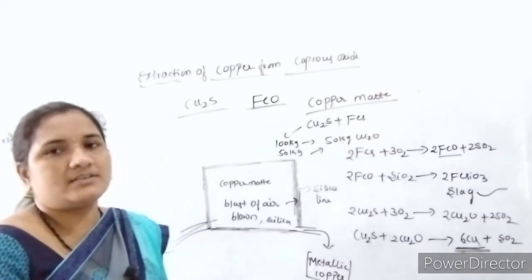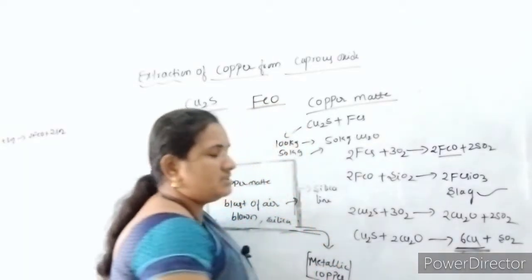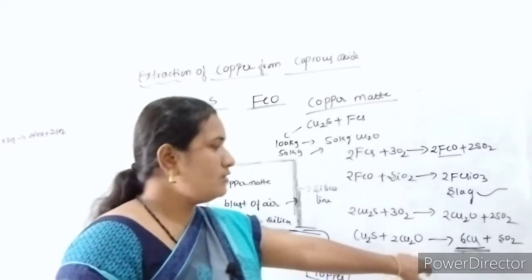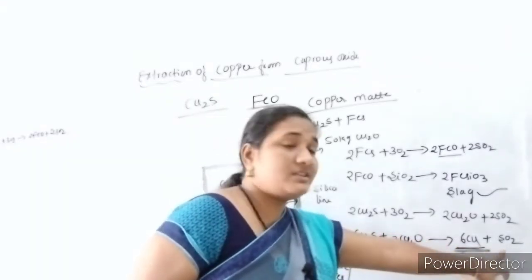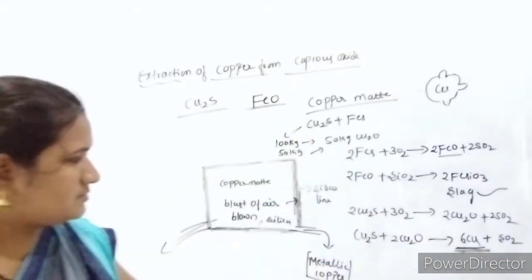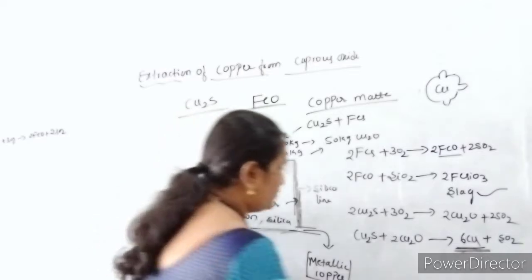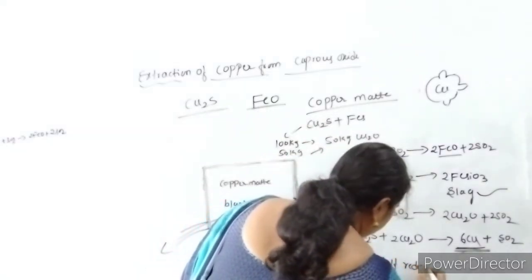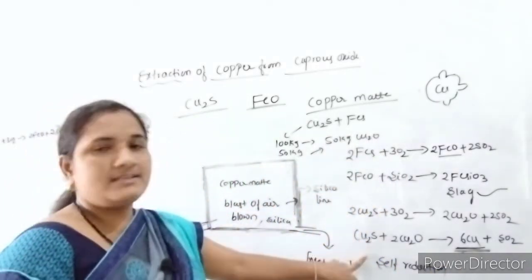This is called blister copper because in this reaction, Cu2S is undergoing reduction with Cu2O, with the formation of metallic copper along with the evolution of sulfur dioxide. So we get the metallic copper due to the self reduction of this copper compound. Self reduction is carried out in this step.